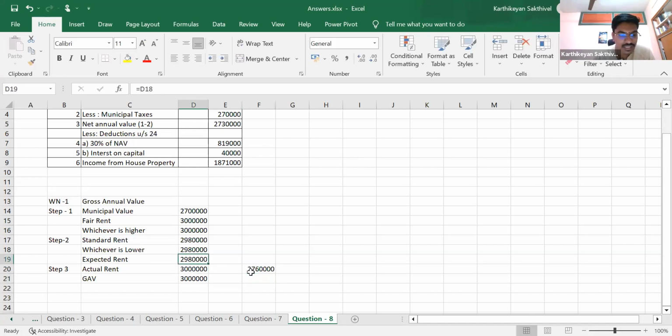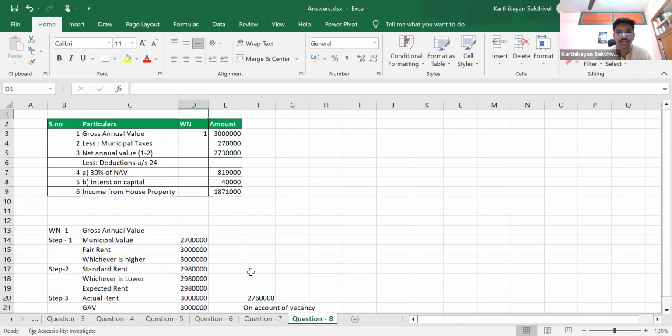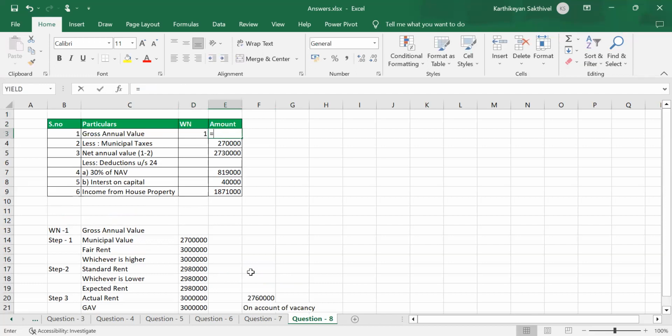And if you just see, the expected rent is 29 lakh 80,000, and my actual rent receivable for the whole year is somewhere around 30 lakhs. So my actual rent received is less than the expected rent on account of vacancy, right? Correct? Correct. Yes, sir. Yes, sir.